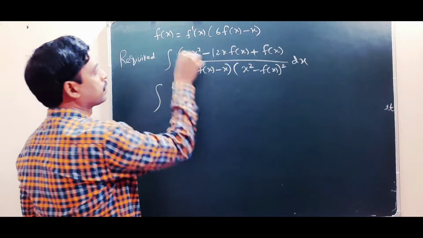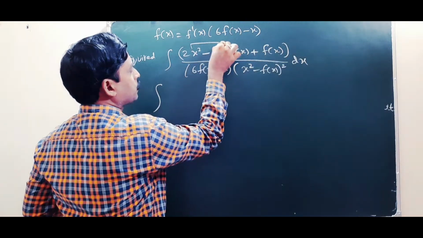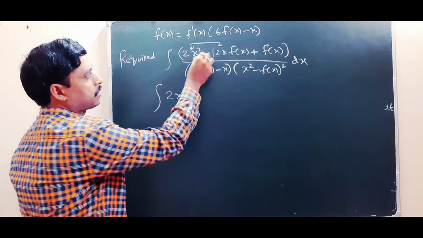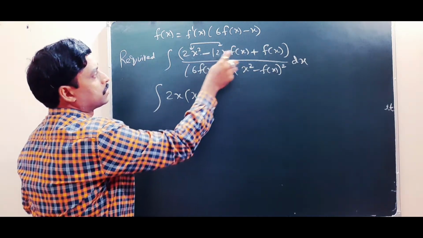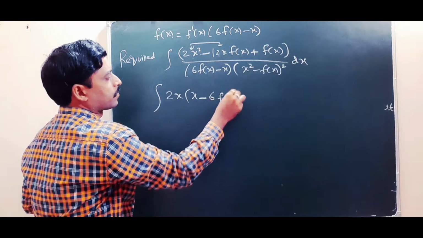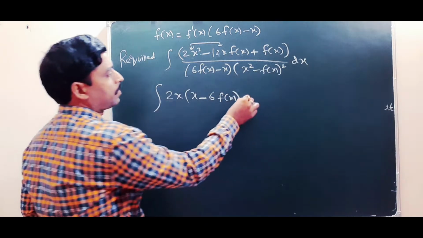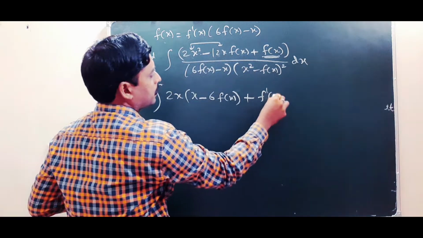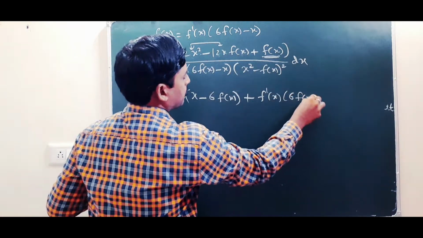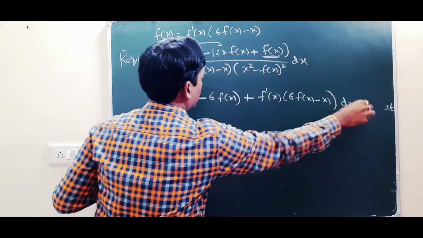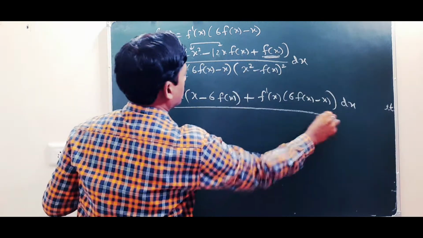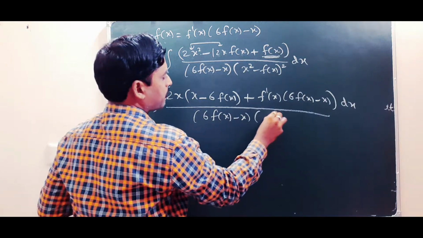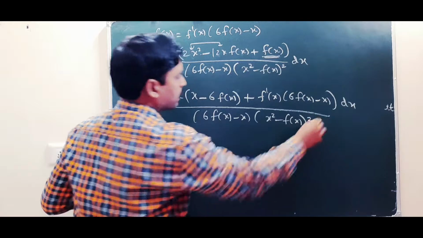Integral, in the first two terms take 2x common: 2x (x minus 6 f(x)), plus f(x) value, we have got this value, right? f'(x) into (6 f(x) minus x) whole dx by, what is the denominator? (6 f(x) minus x) into (x square minus (f(x)) whole square).